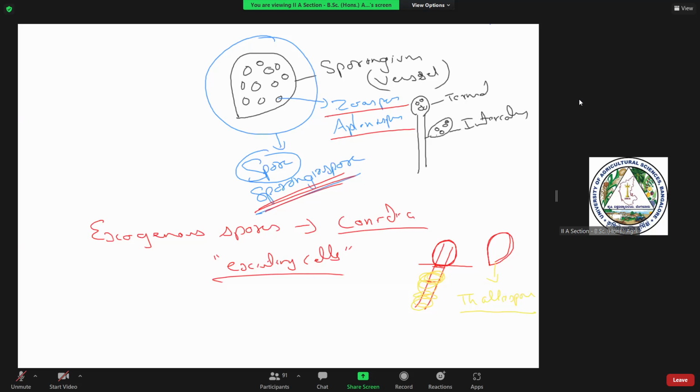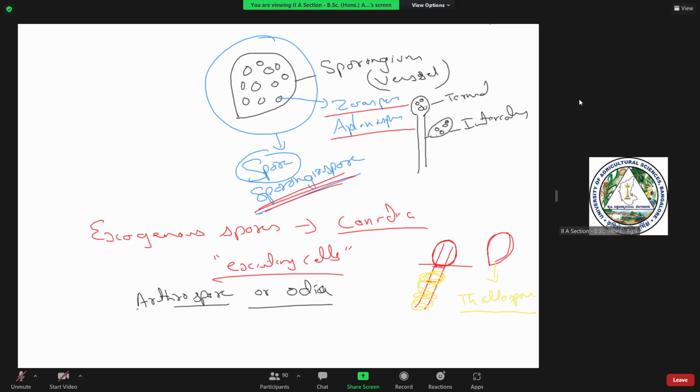There are two different types of thallospores that have been seen, which I already mentioned. There are two kinds of thallospores. One is the arthrospore, or it can also be called as oidia.